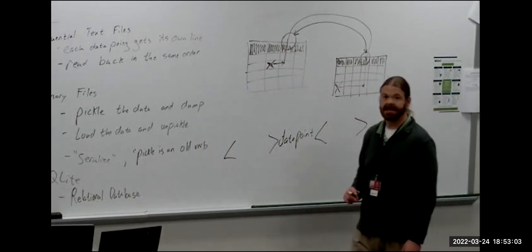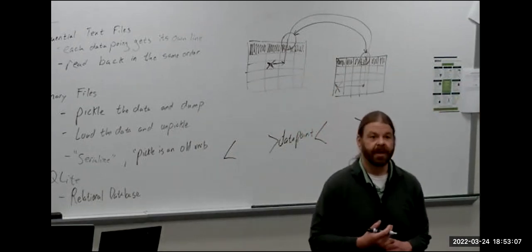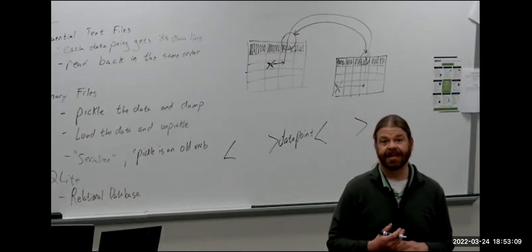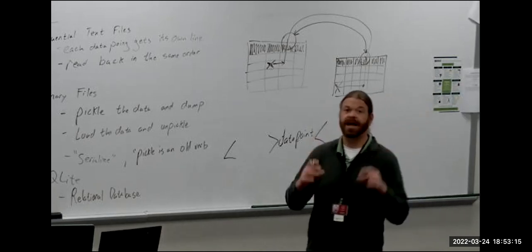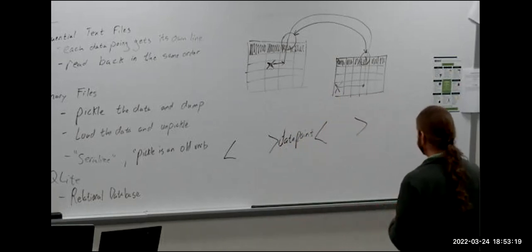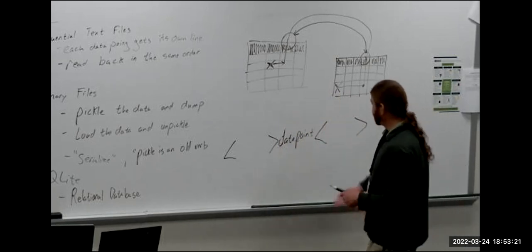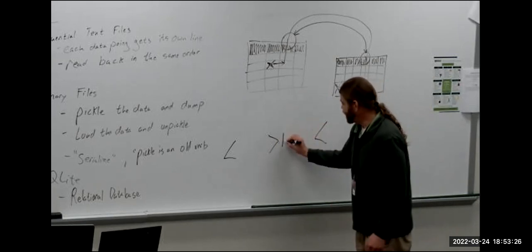Using angle brackets, which is the standard symbol for type. If anybody's worked with any strictly typed languages, you would have encountered generics at some point, where you use angle brackets to say what type of data you have. Instead of data point, I'm going to write Chris, my first name.